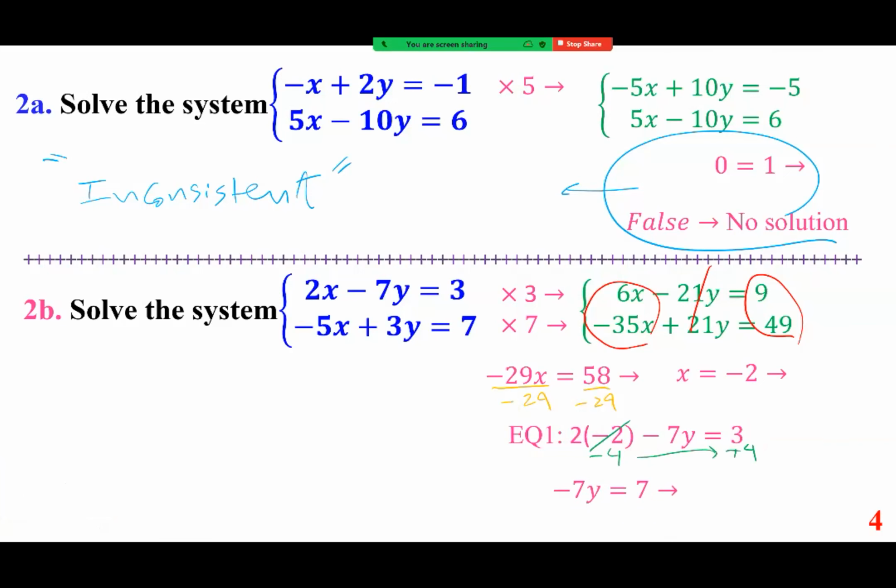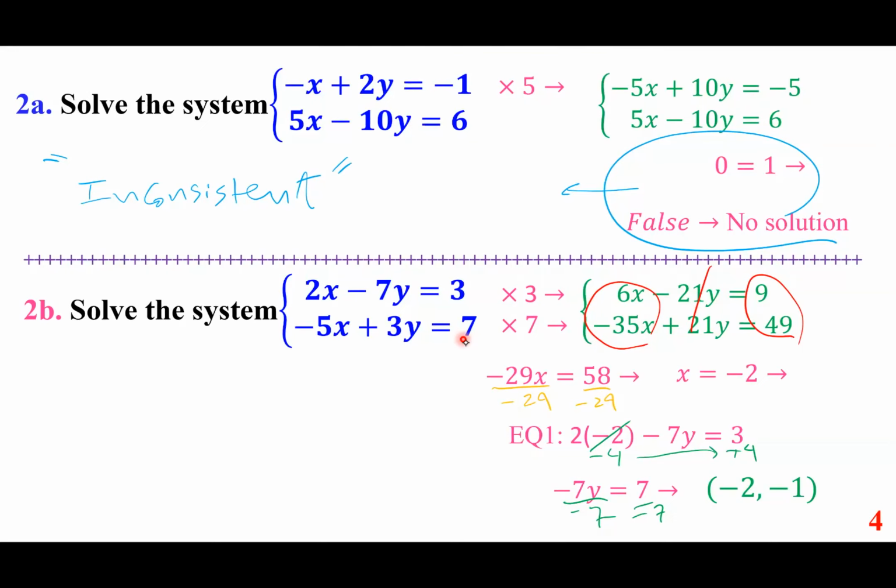And when you divide by negative 7, y becomes -1, and we write them as a pair. You should always check. Since we used equation 1, we must put it in equation 2. -5 times -2 is +10. 3 times -1 is -3. They do add up to 7. You must always check your work.